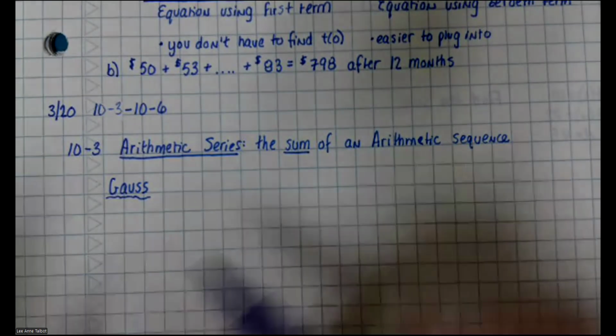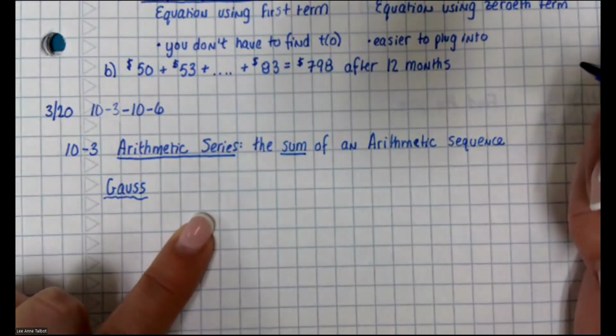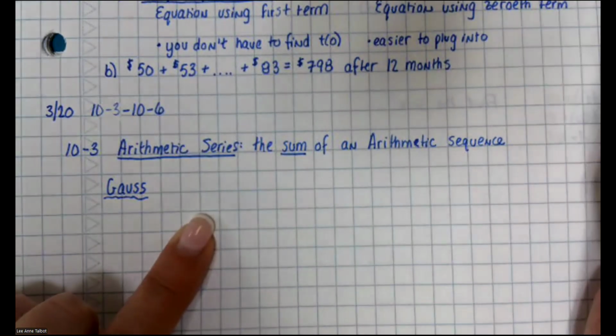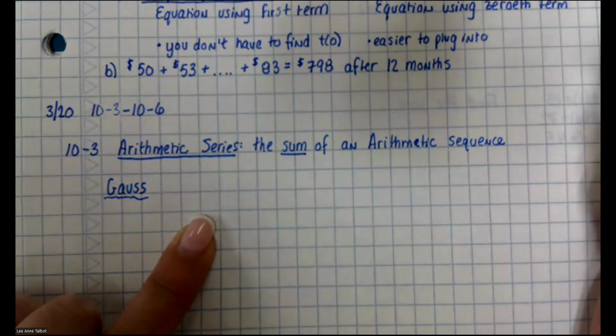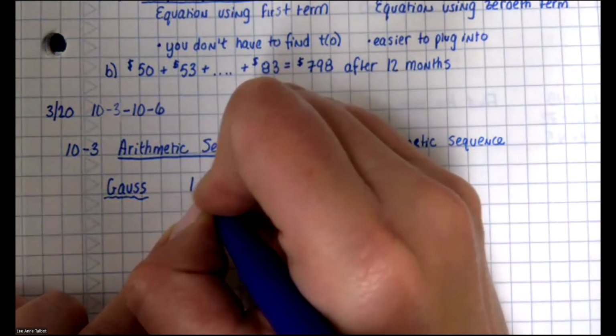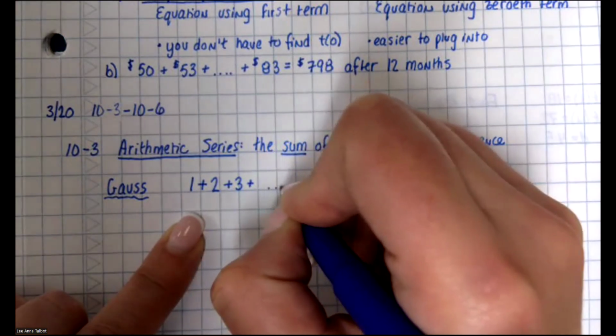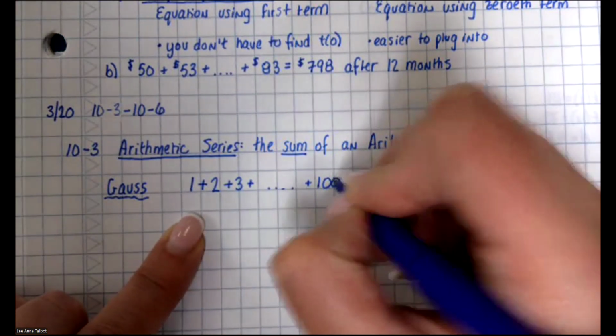So Gauss put on his scroll paper. When is papyrus? Papyrus is like BC, isn't it? Yeah, okay. Anyway, so he went like this. He said 1 plus 2 plus 3 plus ... plus 100.